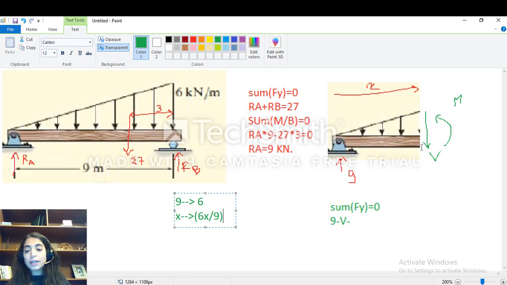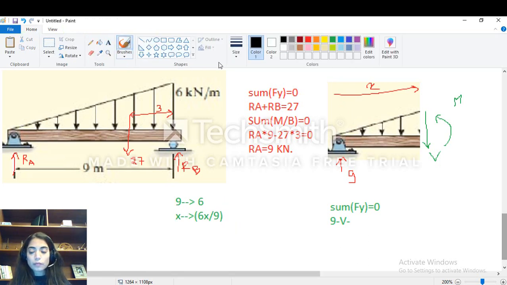Okay, so from Thales theory, it is 6x over 9, and then, guys, my resultant force, which is the area of this triangular shape, will be, of course, the height, which is 6x over 9, times the base, which is x, over 2.